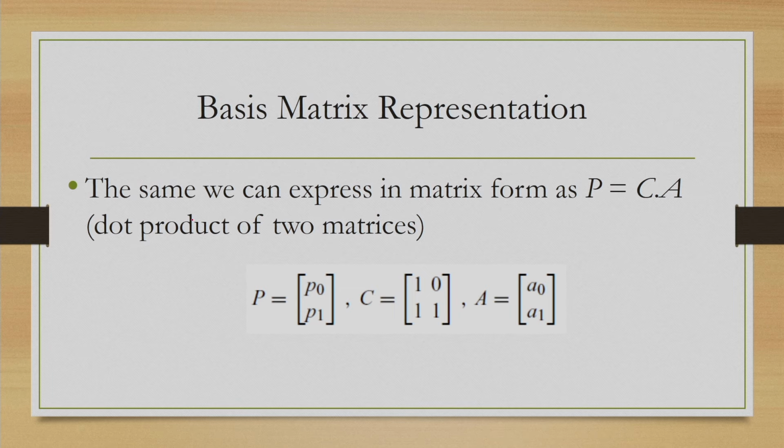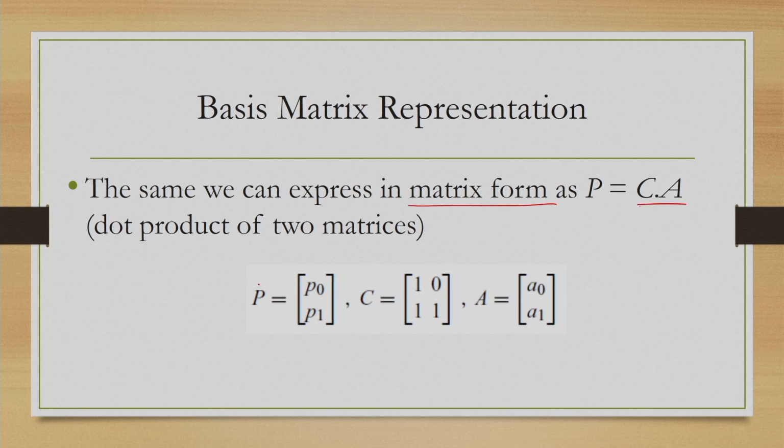We can represent it as P equal to C dot A, where P is defined as a column vector, C is defined as another column vector, and A is defined as yet another column vector. So, how did we construct the C matrix?